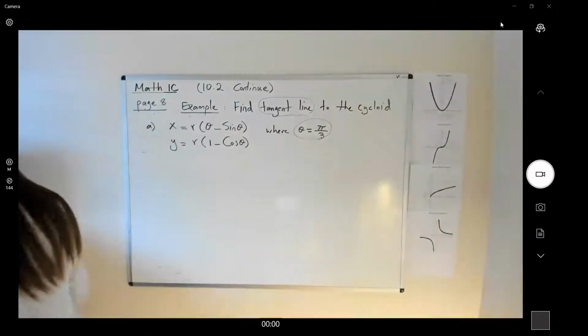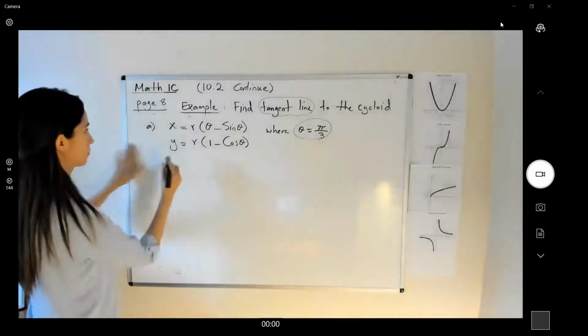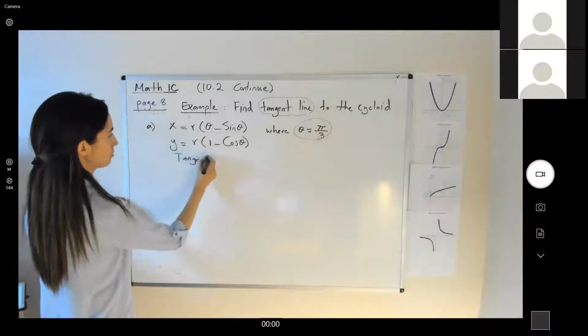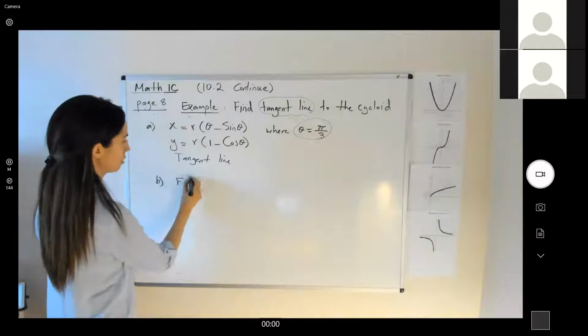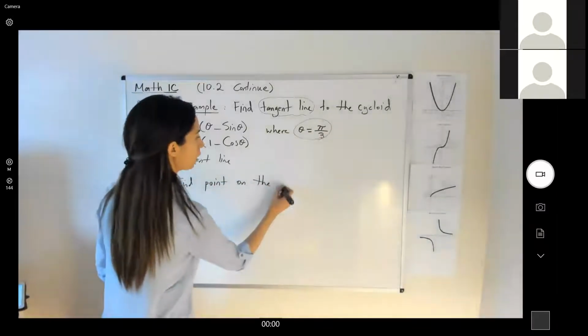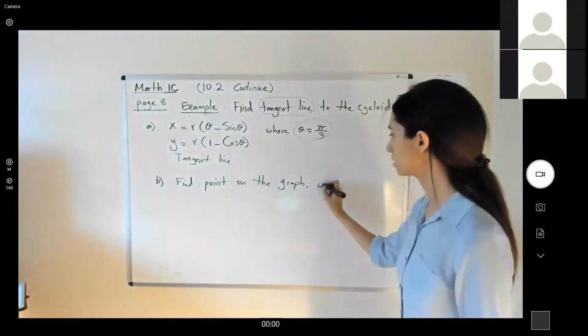So part B of the question says, so this was the tangent line. Part B of the question says find points on the graph of the function where the tangent is horizontal.